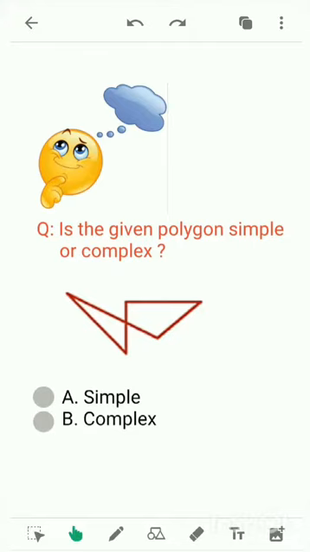We know that a simple polygon is a polygon whose sides do not cross over or intersect each other. But here, the sides of this figure intersect or cross each other. Therefore, it's a complex polygon.